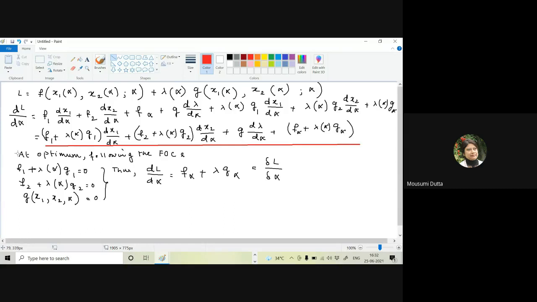Is it okay? Yes, ma'am. I hope everybody is getting this. First, these 7 terms. And from there, if I take dx1 by d alpha, dx2 by d alpha common, we are getting this format.